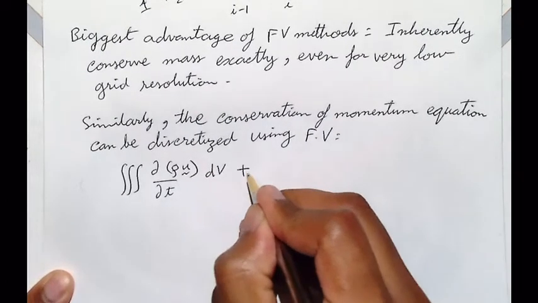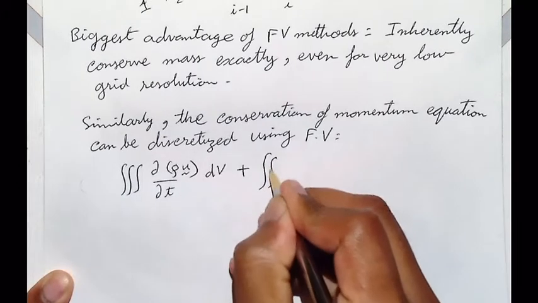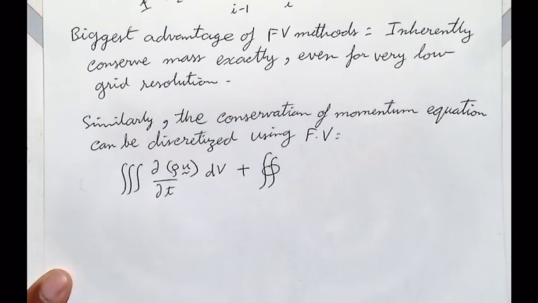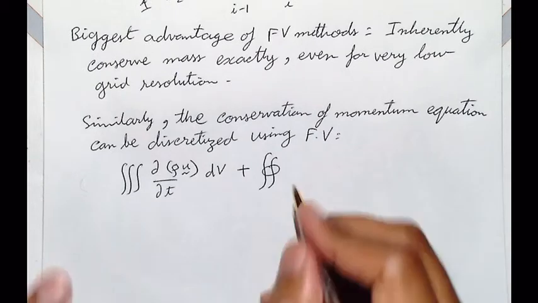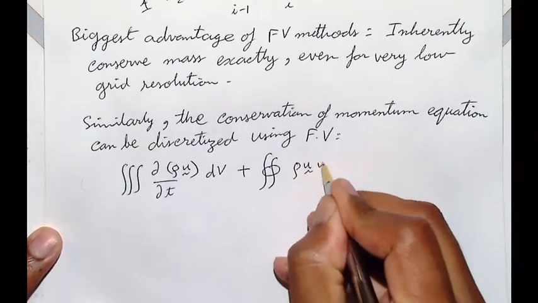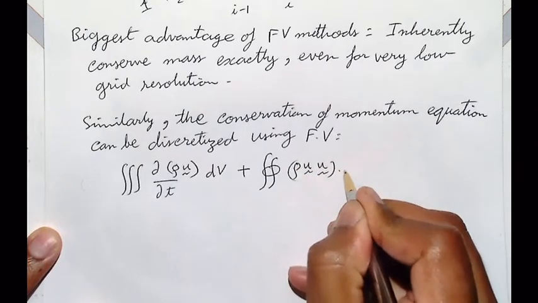Transfer of momentum. Yes, flux of momentum. So we have rho u, which is a little weird, dot n dA.